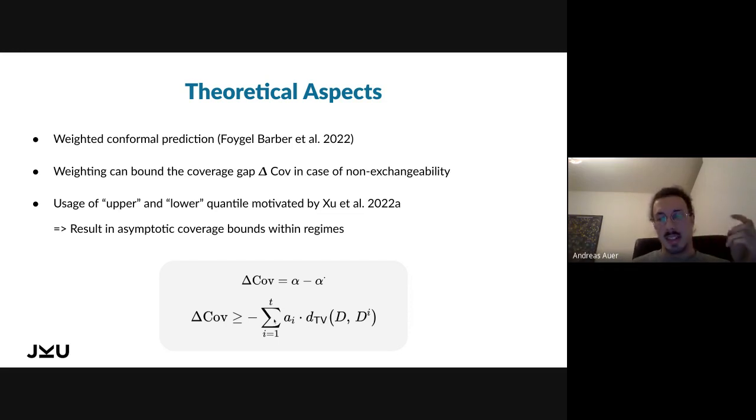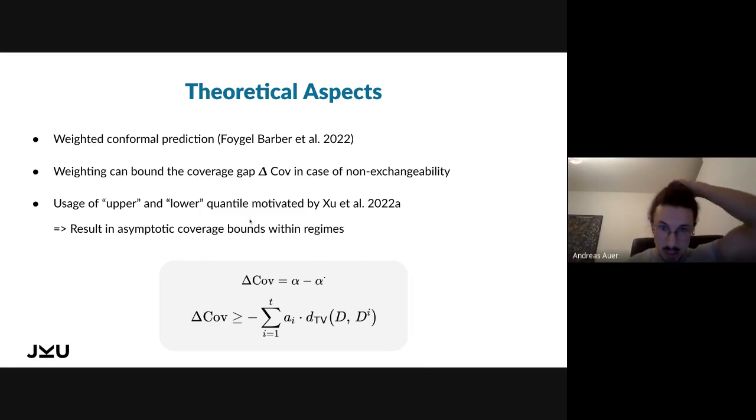And if you set the weights right, you get a delta coverage, and this delta coverage refers to: I have a specified coverage and I have the actual coverage, and you just calculate the distance. So you want this to be 0 or maybe a little bit positive, but you don't want it to be highly negative. And the bottom line is if you set these weights right, then you can bound this coverage gap also under non-exchangeability.